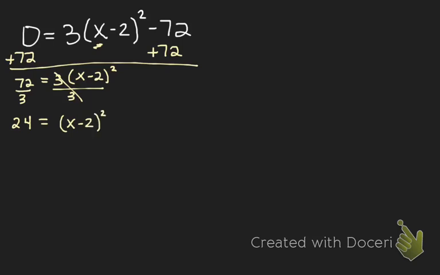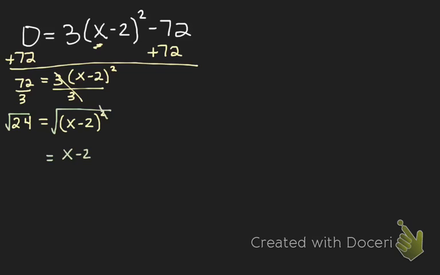Now we have to deal with that square. Once again, to undo a square, we need to square root, which means we need to take the square root of both sides. The square and the square root will cancel out, leaving us with x minus 2 on the right side. However, 24 is not a perfect square, so we need to simplify it.